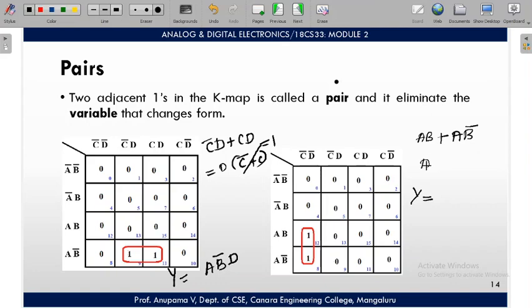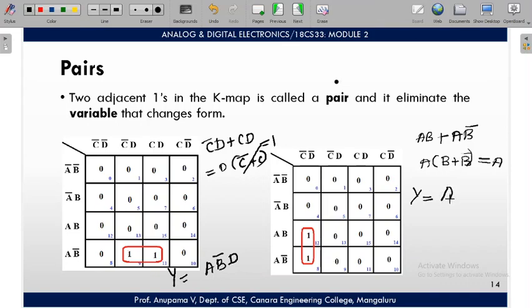Here A is common and B plus B bar is the term we get after bringing the common variable A out. Now B plus B bar is equal to 1. So the resultant will be equal to A.